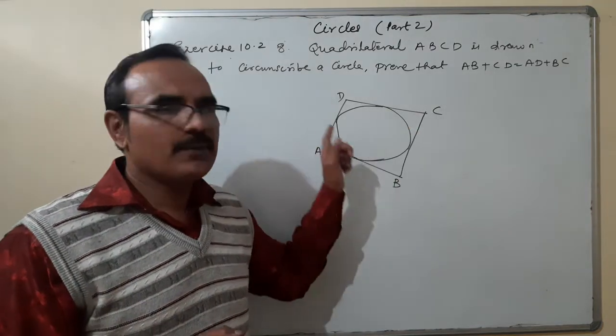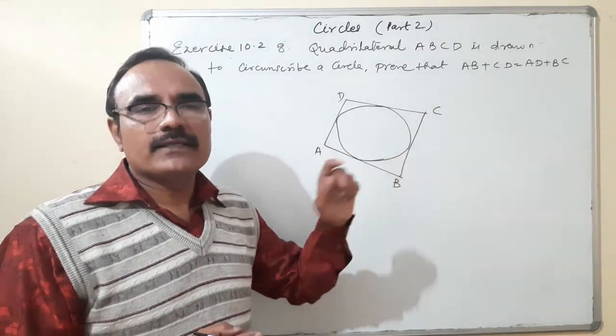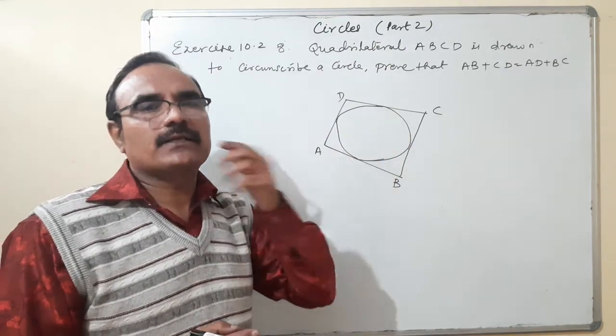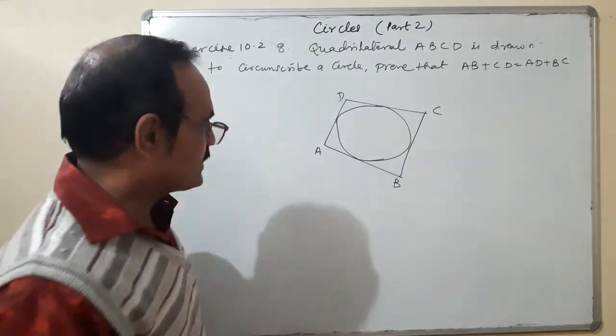So this quadrilateral ABCD is circumscribing a circle. That means the four sides of the quadrilateral are touching the circumference of the circle, each at a point.